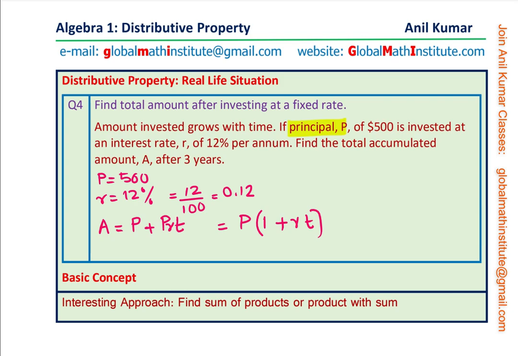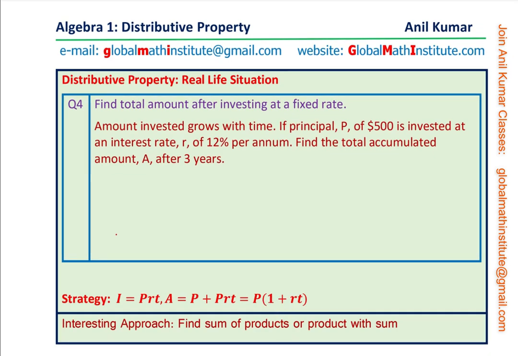So P is the principal, and that's the amount. Basically, we just found that the formula is P plus interest, where interest is PRT, and we also worked out that this amount could also be written as P(1 plus RT). So both ways it can work, and now let's see how it really works.